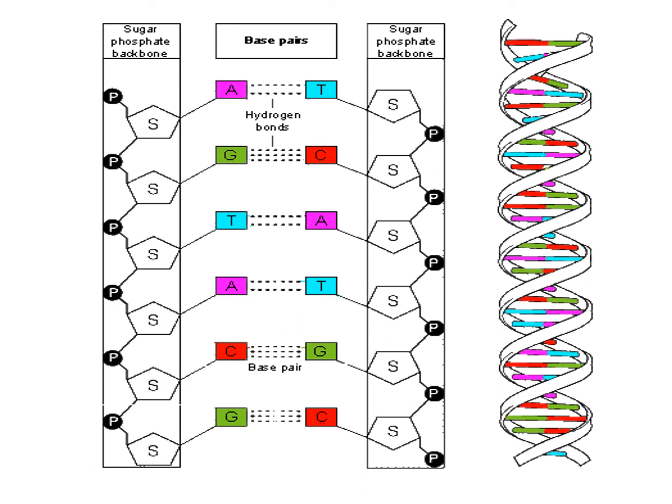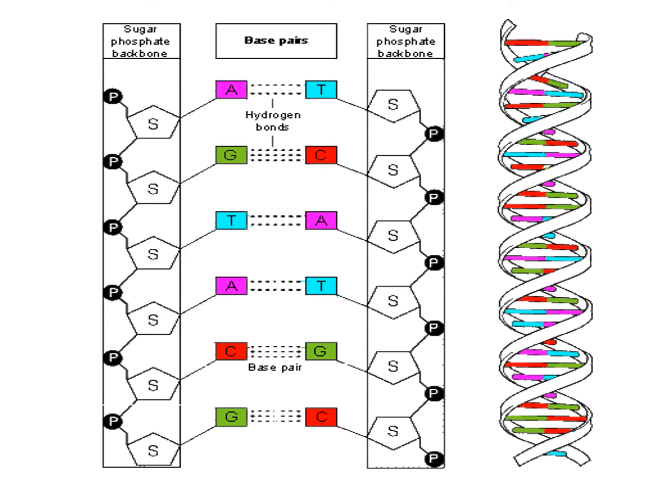Once again, you can see the backbone of your DNA molecule is made up of repeating what? Sugars and phosphates, sugars and phosphates. S is sugar, P is phosphate. What is C? That's cytosine, right? That's one of our bases. So right there is a nucleotide of DNA. What does C always pair with? It always pairs with G. There's the nucleotide over there.